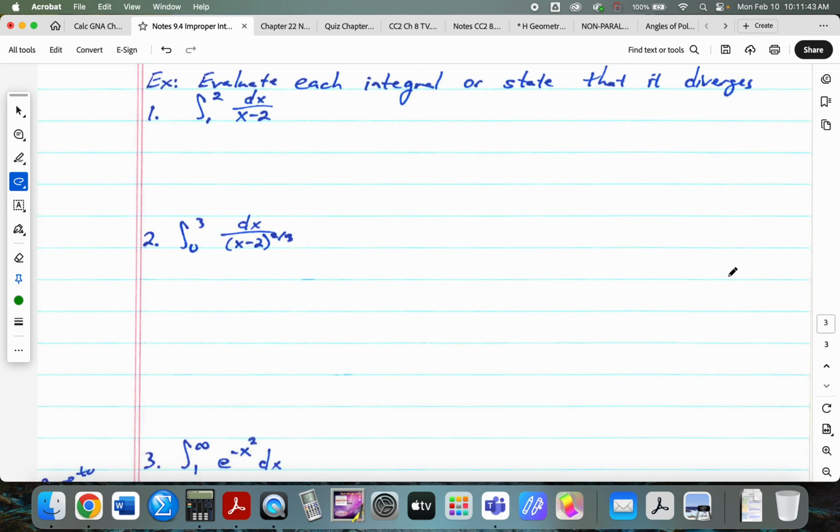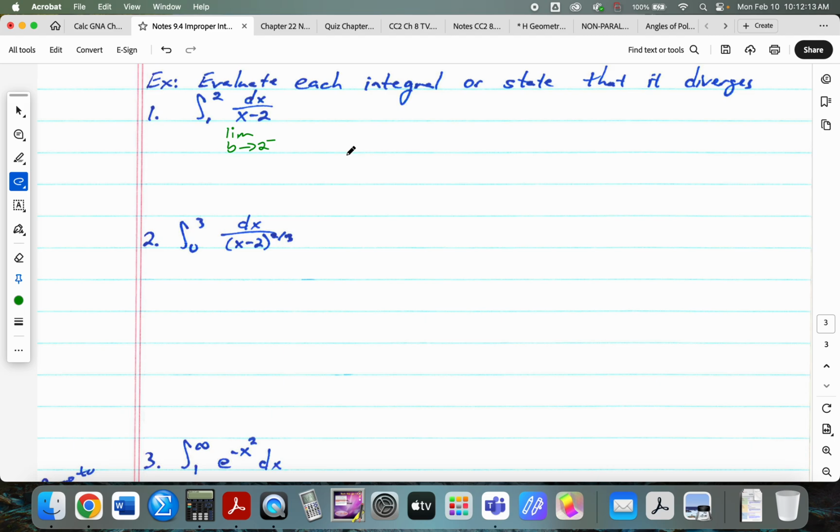So on this one, where is the problem? Where does this function go to either positive infinity or negative infinity? At 2, right? And 2 is part of my integrand. So what I'm going to do is rewrite that as the limit as b goes to 2 from the left.